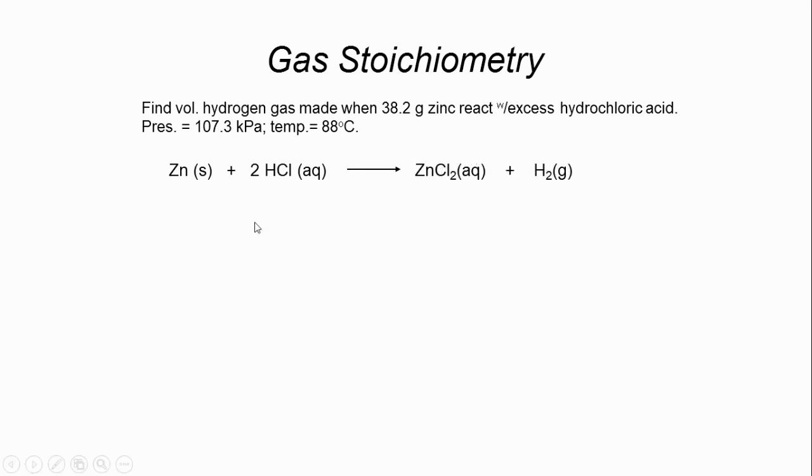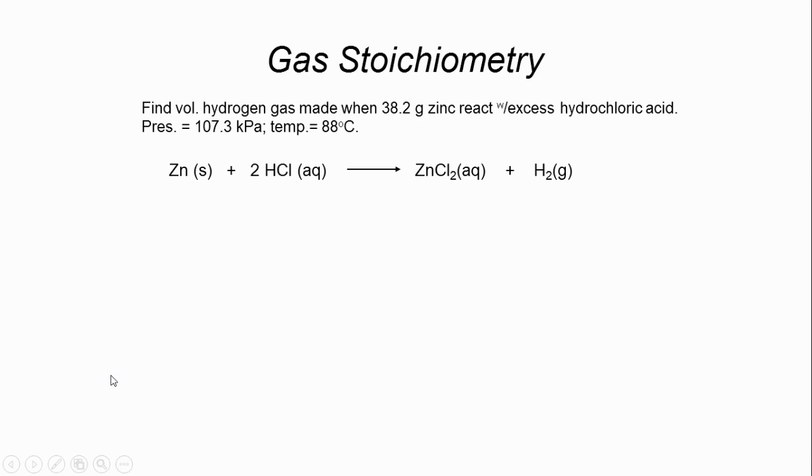So I have zinc metal reacting with hydrochloric acid. This is a single replacement reaction where the zinc replaces the hydrogen. Hydrogen is dumped out as a diatomic hydrogen gas, and I produce zinc chloride. Zinc is a 2+ ion, chloride is a 1-, so this is the correct formula. I went ahead and balanced it by adding a coefficient 2 in front.